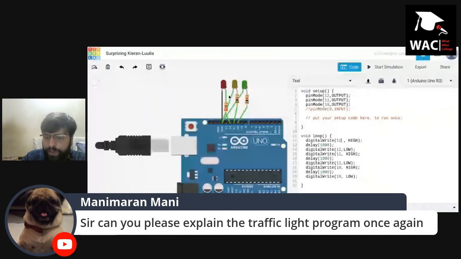We stayed in that particular state for a second, like we gave 5 volts to 12th pin for 1 second. Then we gave 0 volts on 12th pin. Okay, and simultaneously gave 11th pin a 5 volt output, and so on. So 11th was high, then there was a delay for a second, then 11 was low, then 10 was high.